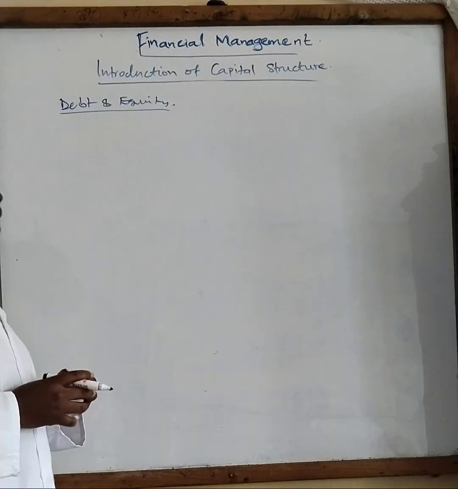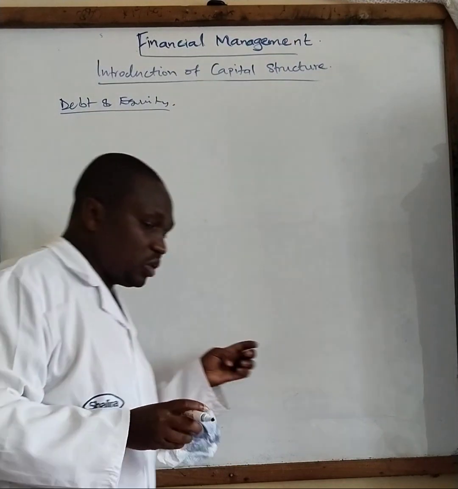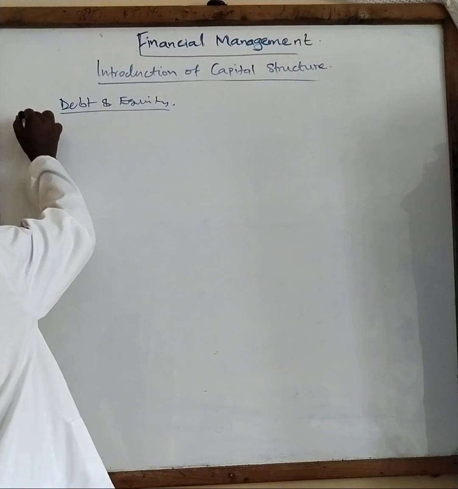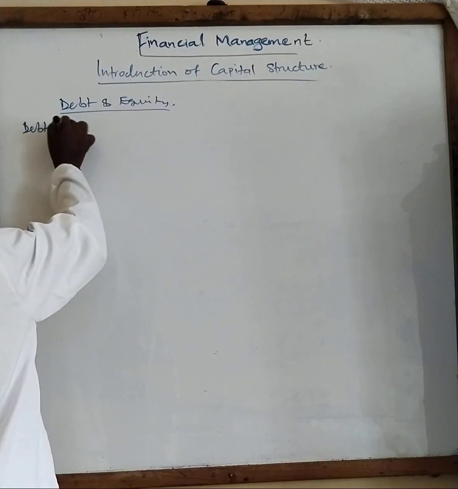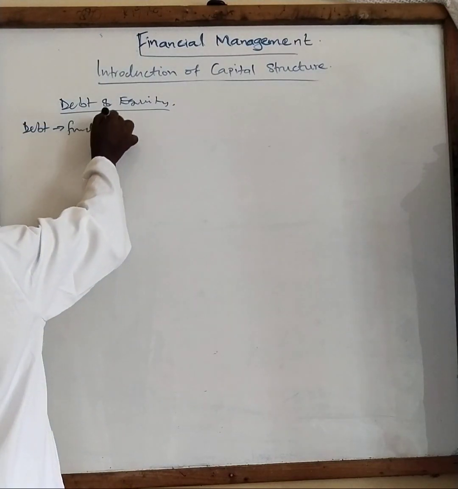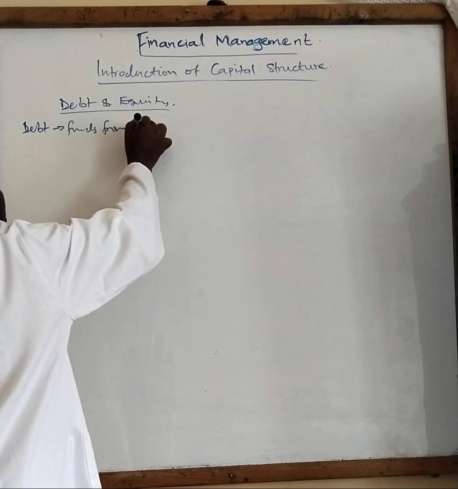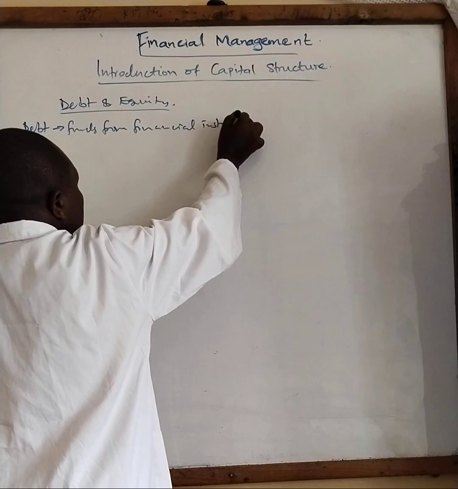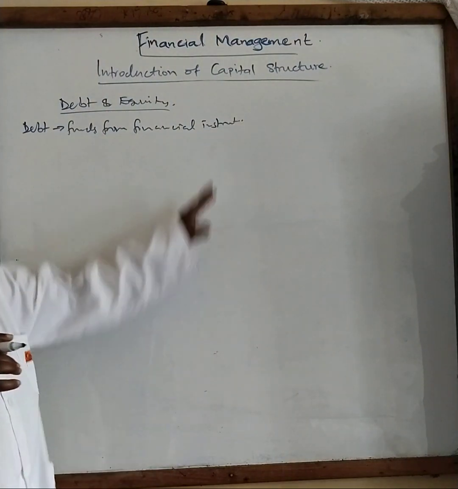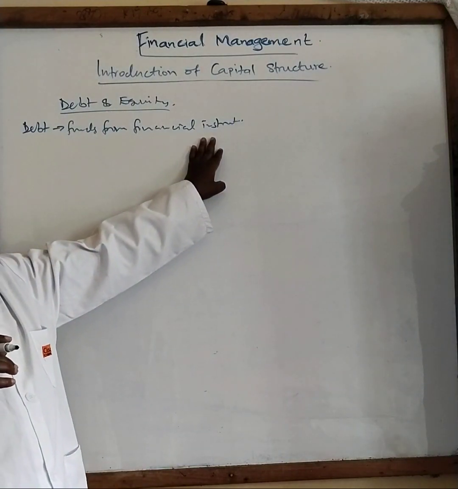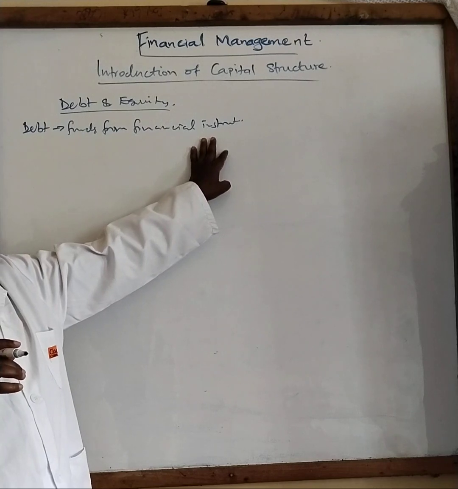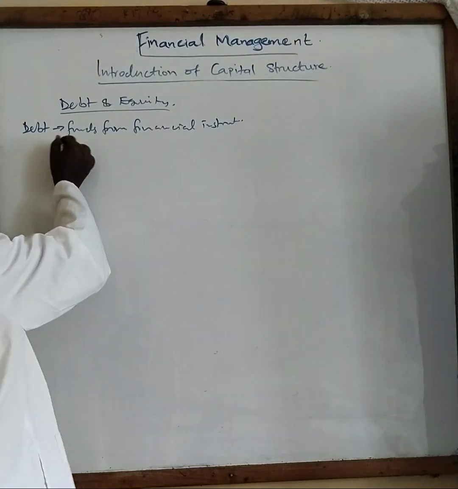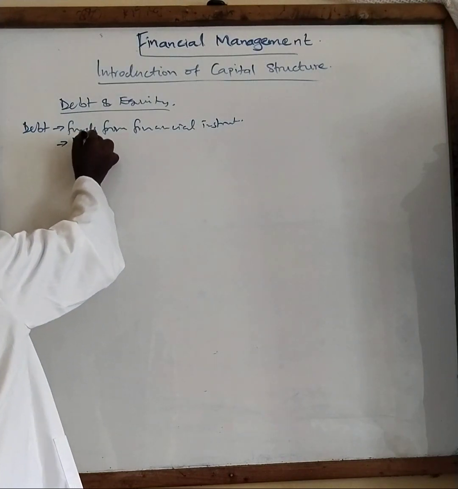When you talk about a debt, it means capital or funds obtained from a financial institution. It can be a bank, a SACCO, or any other entity that provides funds in the form of a loan. And examples of this debt can be debentures.